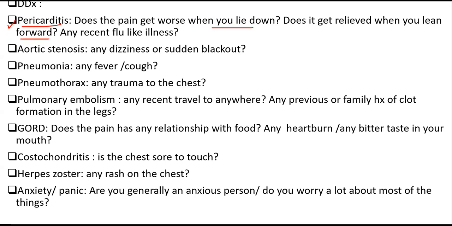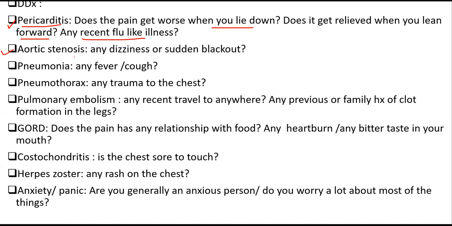Pericarditis pain is a sharp, stabbing pain which gets better with leaning forward. Sometimes even in the exam, the role player will try to show it to you by leaning forward, so that's a clue to you. It also gets worse after lying down, taking a deep breath in or coughing. And many times you will get a recent flu-like illness positive, so ask about any recent flu-like illness.